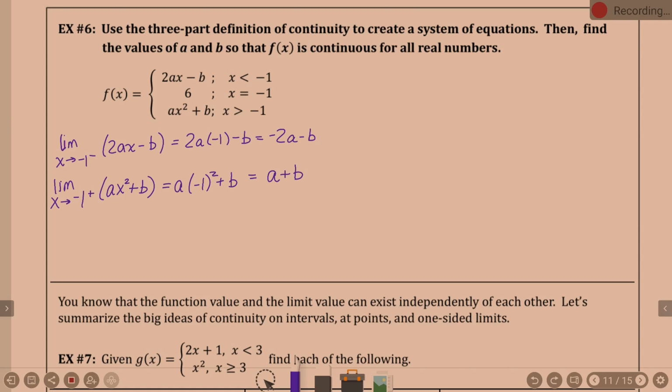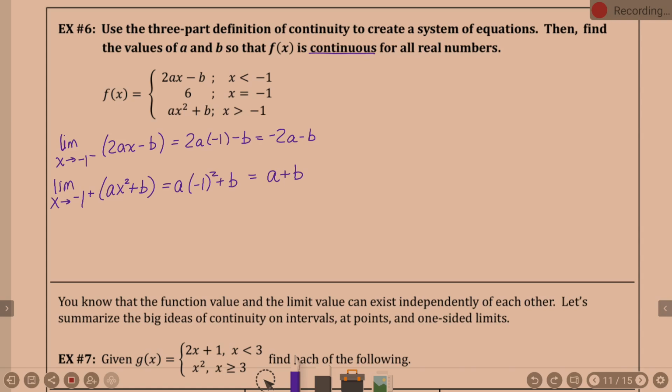Now, that's the left limit and the right limit. We're trying to make this continuous. So, yes, the left limit and the right limit have to equal each other, but that's not where I want to go with this. What else, though, do they have to equal?